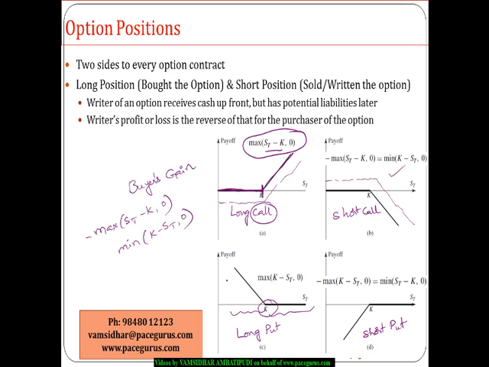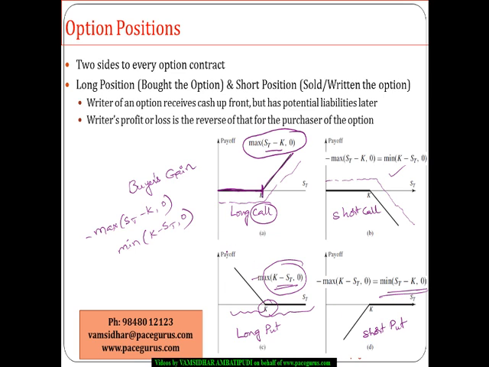That is where he gets a gain, which is the difference between the strike price and the market price. So the payoff associated with a long put option is the maximum of K minus ST comma 0. And if it is a short position, which is exactly the opposite, it comes out to minus the maximum of K minus ST comma 0, which turns out to be the minimum of ST minus K comma 0.